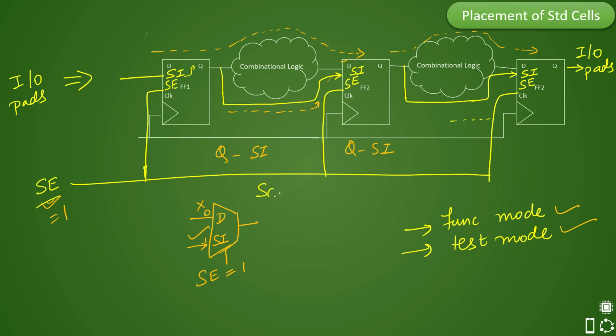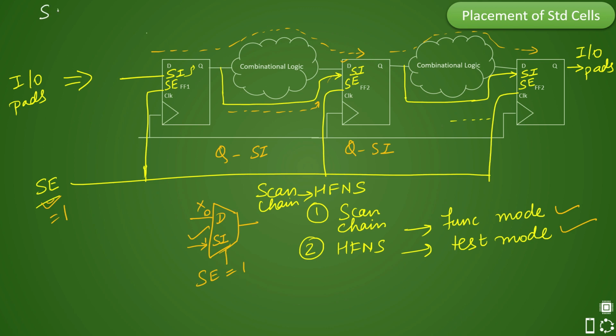Now as we said earlier, the scan chain is a high fan out net, and it will always be there in the design. So first we will do the high fan out net synthesis of this scan chain, and then after the scan chain optimization, or you can say the length optimization of the scan chain is done, we will go for high fan out net synthesis of other nets which are there in the design, which could be design specific.